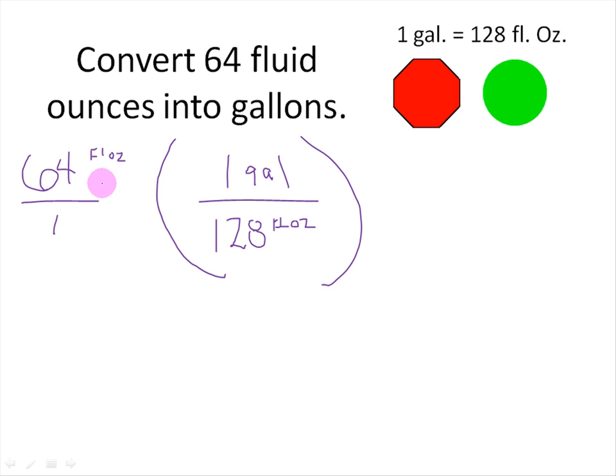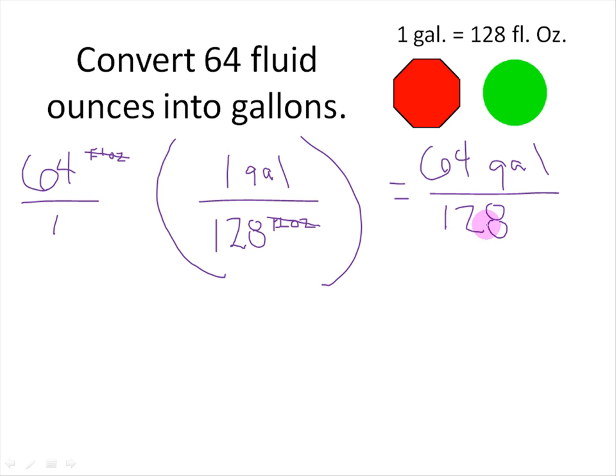Pretty soon you're going to see that this isn't really necessary. I do that there just not to confuse you, but after a while you'll get to where you won't need that. So now I have 64 fluid ounces times the number 1. 1 gallon equals 128 fluid ounces. And so I have fluid ounces in my numerator, and I have fluid ounces in my denominator. I can cancel them. Now I have 64 times 1 gallon, so I have 64 gallons per 128.